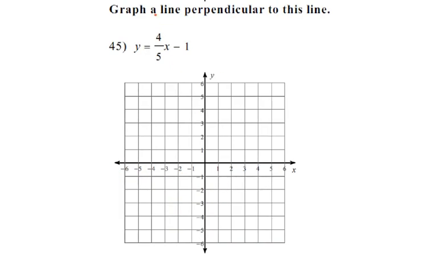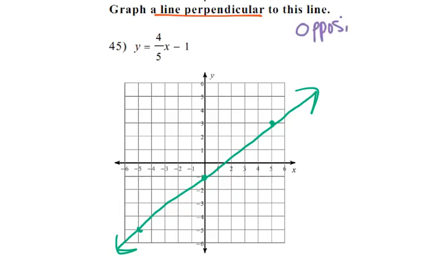Okay, now with perpendicular lines, that one's a little tougher, right? So if I graphed this line, y-intercept at -1, up 4, out 5, down 4, to the left 5. Okay, there's our line. We need one perpendicular. Okay, with perpendicular lines, you have the opposite reciprocal slope, and you could have the same y-intercept or different y-intercept. Doesn't really matter, just this part matters.